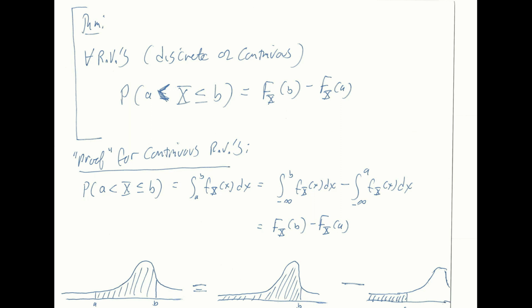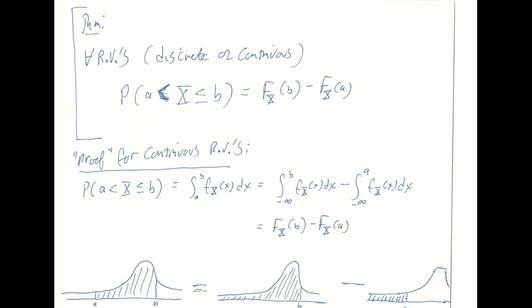That's actually what we're trying to illustrate in the pictures at the bottom here. On the far left of these pictures, I've got the area under the curve from a to b. That would be the integral of the density function from a to b. I could compute that by taking the integral from negative infinity up to b, meaning the whole of the area of everything to the left of b, and subtract from that the area under the curve to the left of a.